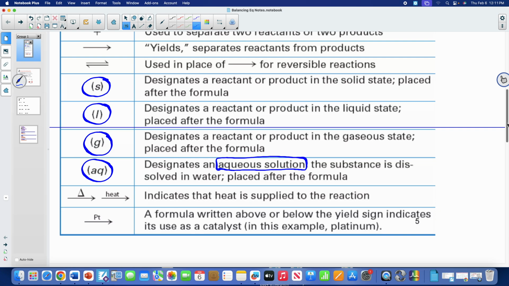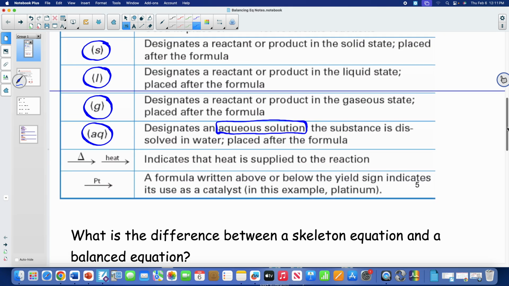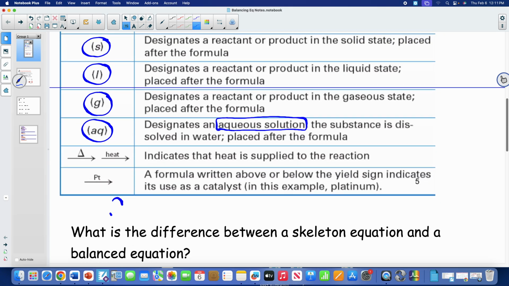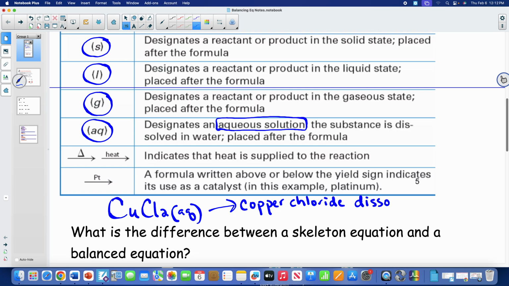Aqueous just means, so if you saw something like this, okay, that means we have copper chloride dissolved in water. Okay, so it's a solution.